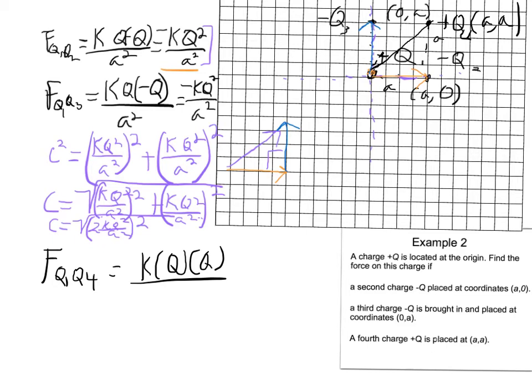So the length from the charge at the origin to q4 is the hypotenuse of a triangle. So again, we've got to use the Pythagorean theorem.